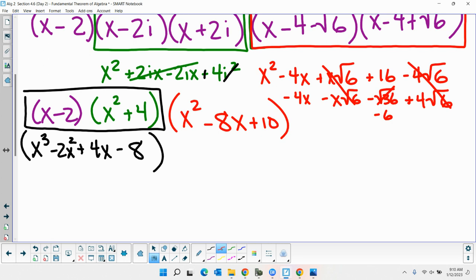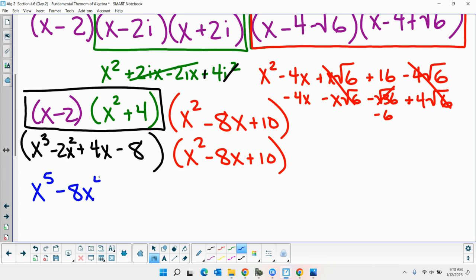All right, so now we got the last one. Black times red. We'll make it blue. All right, so we go x cubed times x squared, x cubed times negative 8x, x cubed times 10. Negative 2x squared times x squared is negative 2x to the 4th.